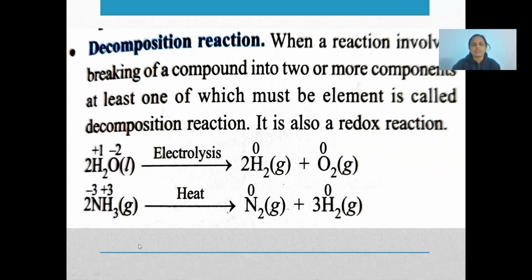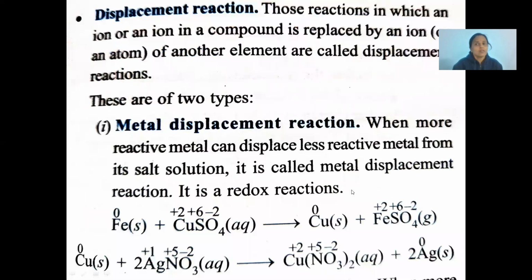So such reactions in which oxidation and reduction occur simultaneously are called redox reactions, and it's a case of decomposition reaction. One compound is breaking into two or more components. Hope it's clear.